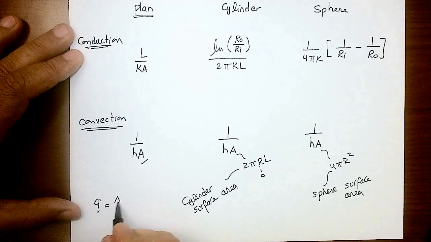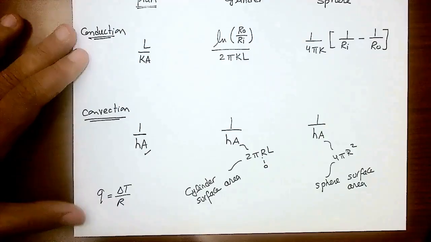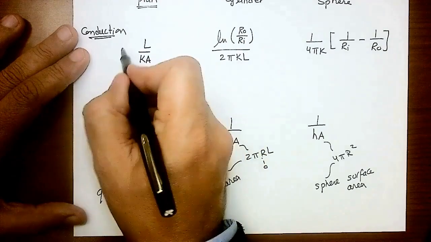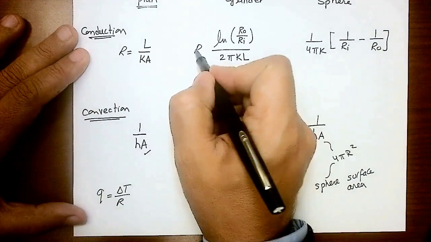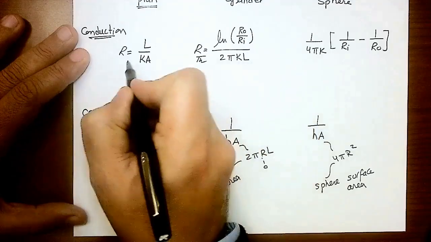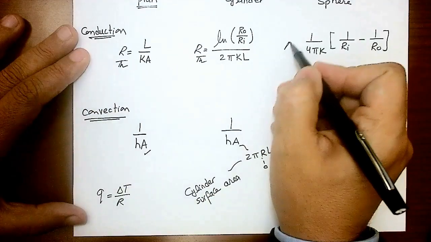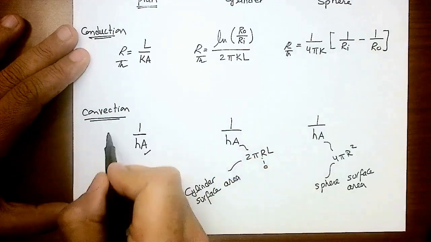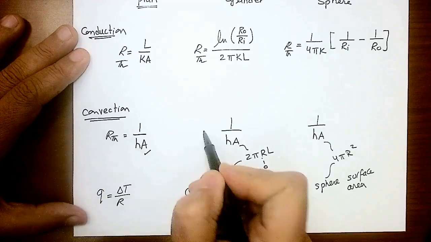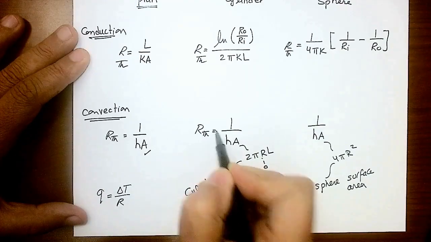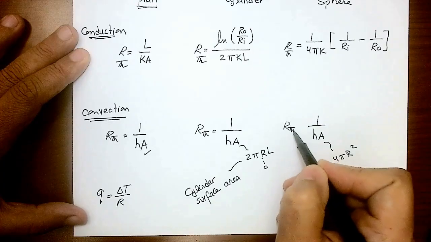Q, you simply select any delta T divided by the resistance in between. Or if you want to get the, that's calculating the resistance, by the way, right? This is R thermal, R thermal, R thermal, but convection, R thermal, convection, R thermal, convection.